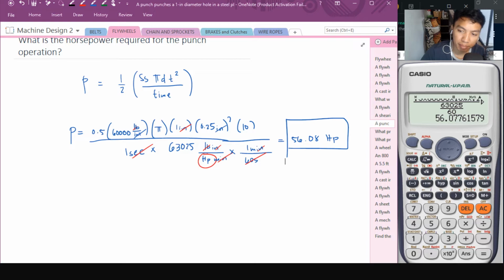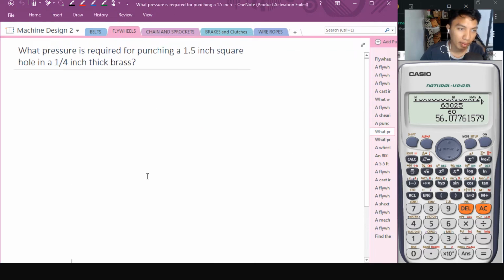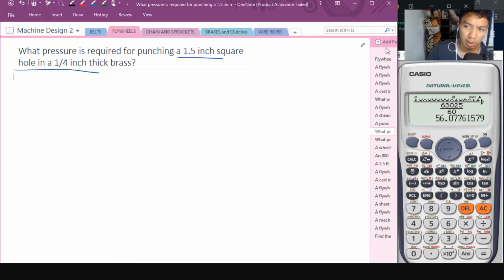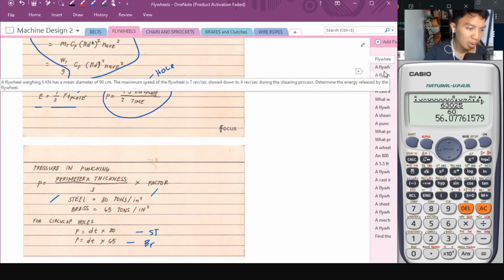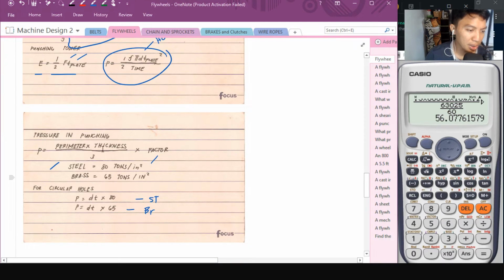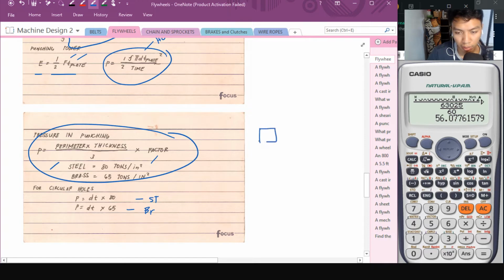Next problem. What pressure is required for punching 1.5-inch square hole in a 1/4-inch thick brass? O yan na, magagamit na natin yung sa pressure in punching. Okay? Gamitin natin to. So, anong perimeter ng square? O, equal naman yan, di ba? So, the perimeter of a square is equal to 4A.